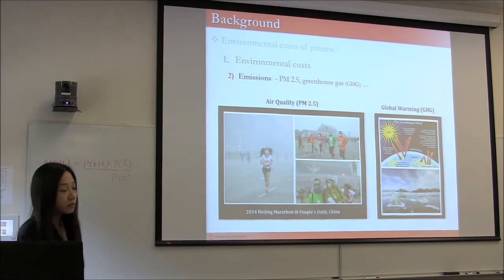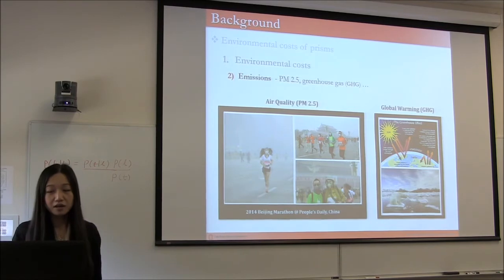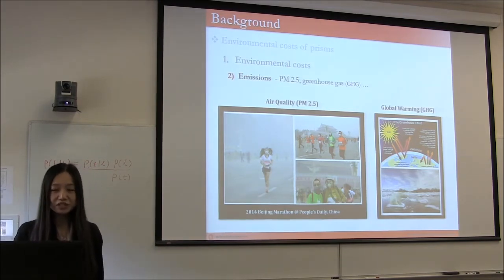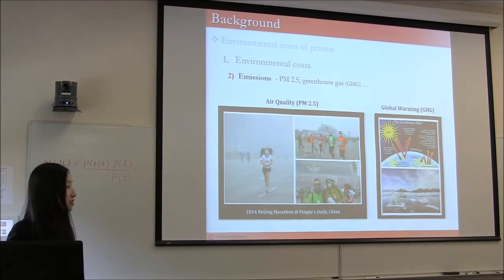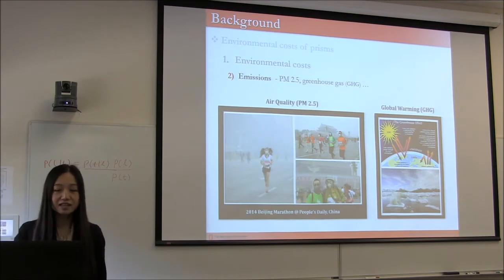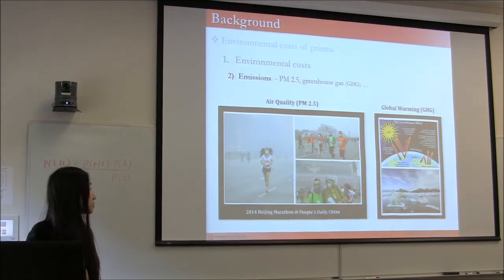You can see that people have to wear masks when they are running because PM 2.5 is a particulate that is really dangerous to human beings. If it is carried into your lungs and then your bloodstream, it will have bad health consequences.